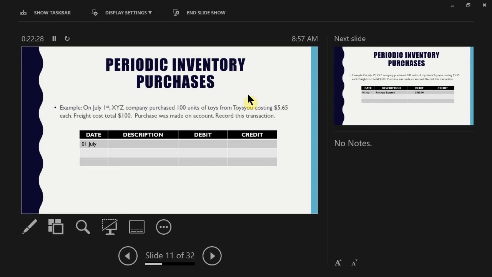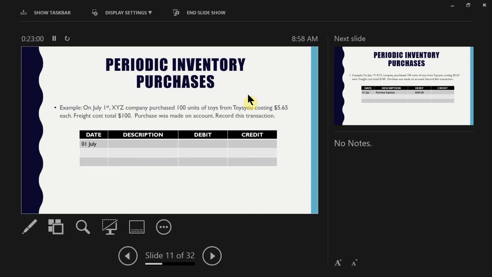Good. And we also have a notion here that our freight cost, it costs us $100 to ship. Because we recognize two key factors, we're looking at purchases of inventory, and they're going to be categorized as expenses.